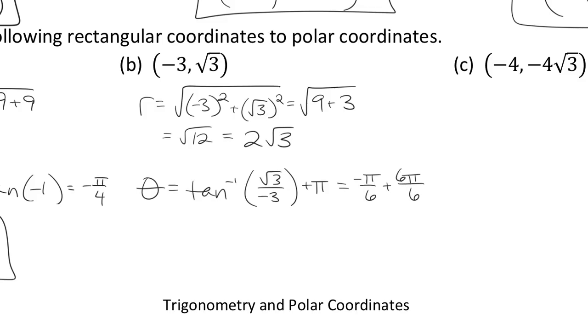Cool, here's the common denominator. 6 over 6. So negative pi over 6 plus 6 over 6 means that my theta would be equal to positive 5 pi over 6. So my coordinate point is a radius of 2 square root of 3, comma, 5 pi over 6.